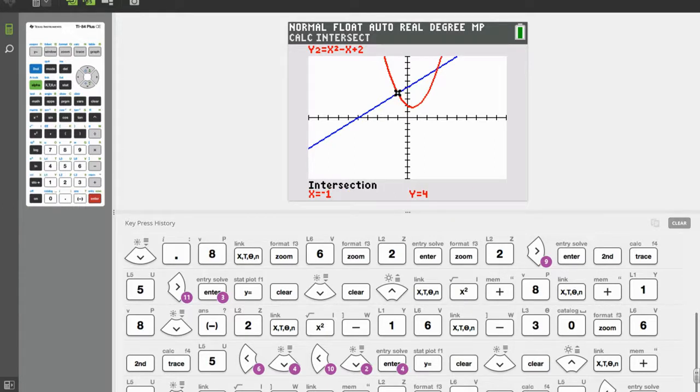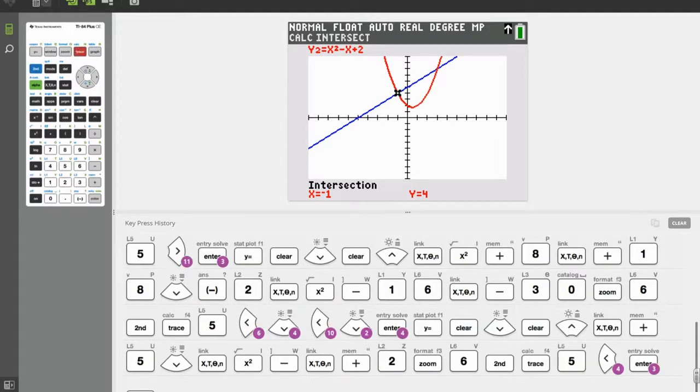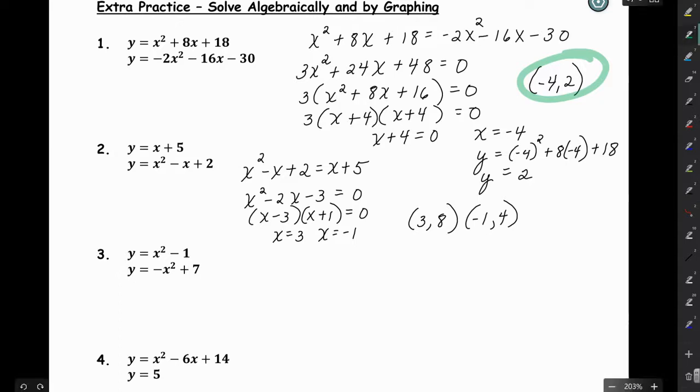Okay, that confirms one of our solutions. Second trace, number 5. Move near the other intersection point. Enter, enter, enter. And we get (3, 8). All right, so we confirmed those solutions.